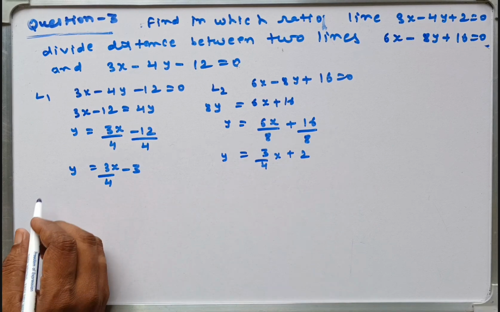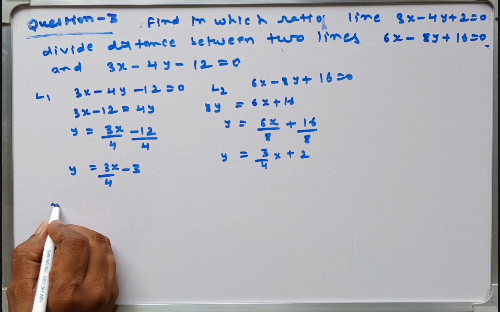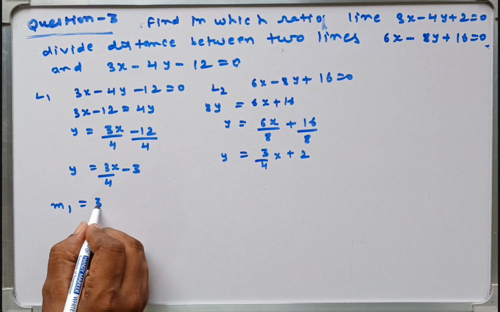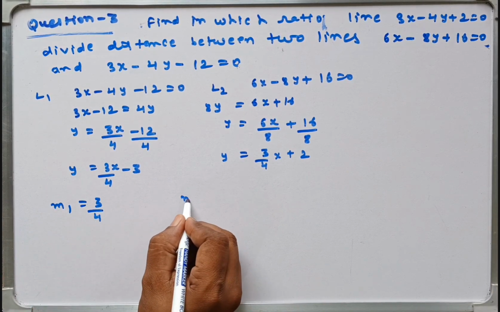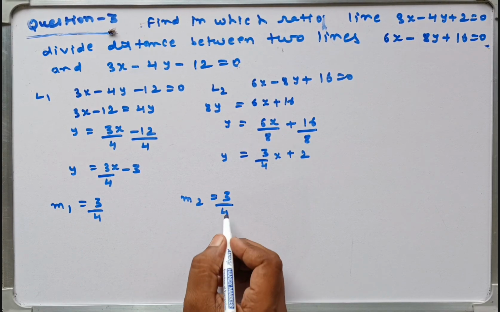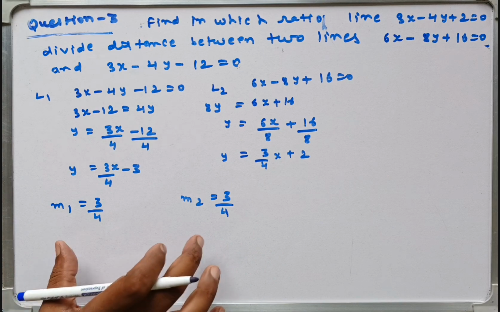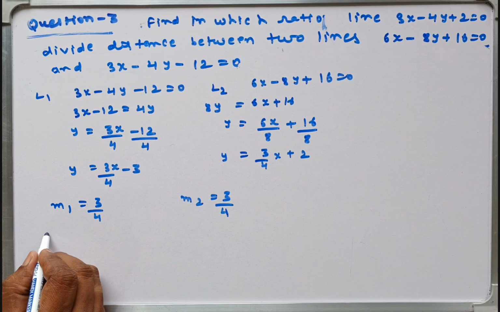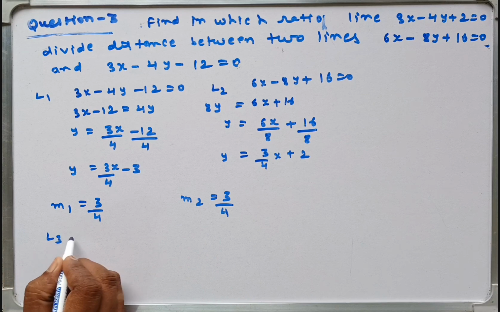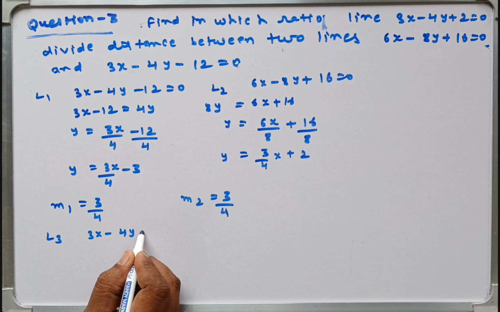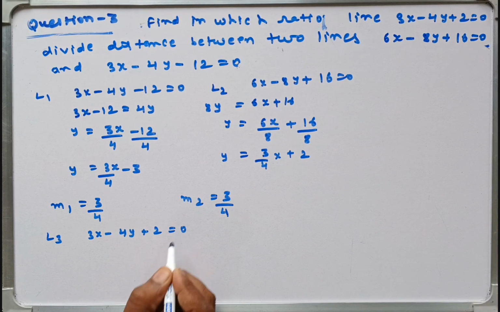So what you see here, if the gradient of line L1 is m1, this is 3 by 4, and m2 equals 3 by 4, then these two lines are parallel to each other. What about line 3? L3 equals 3x minus 4y plus 2 equals 0.